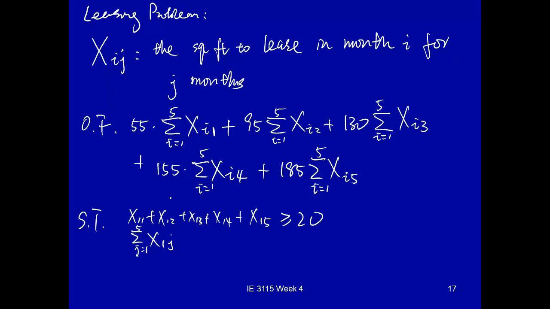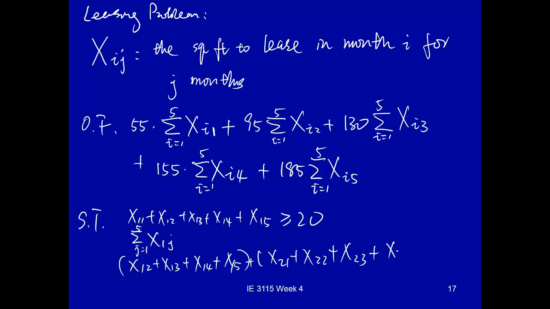We'll do the second month. So for the second month, it's x12 plus x13 plus x14 plus x15. And then, so that's from the first month. Then second month, x21 plus x22 plus x23 plus x24.